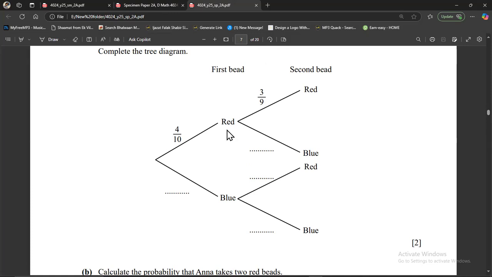If the red bead is already out, then getting again the red bead will be 3 by 9, and getting a blue bead will be 6 by 9. In the same way, if the first bead is blue, the chance of getting a blue bead will be 6 by 10. Because only the blue bead is out, the red bead is 4 by 9 and the blue bead will be 5 by 9.